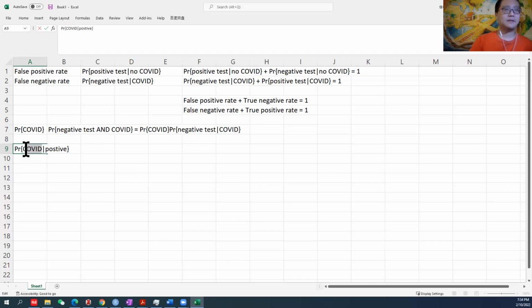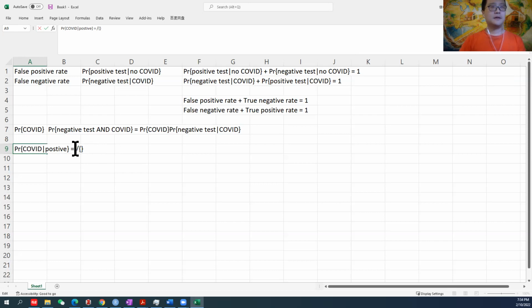Then we think about the chance of actually getting COVID. So we translate it, and this is like what we learned. Well, I was hoping to make an equation.